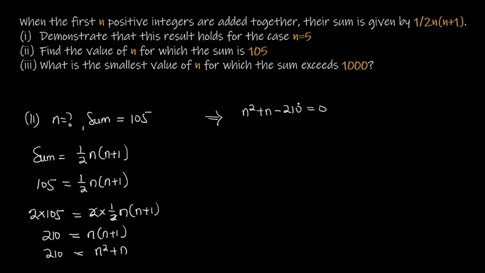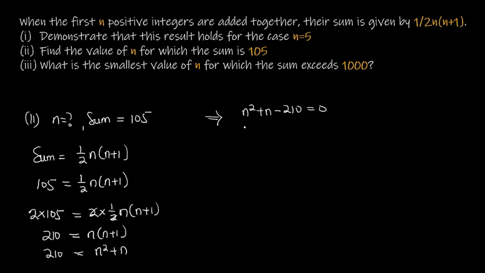Now which two numbers will I multiply to get negative 210 but add or subtract to get positive n over here. So if I look at it very well, 14 and 15 can help me. So positive 15 multiplied by negative 14 will give me negative 210, but positive 15 minus 14 will give me 1, which is the n over here.